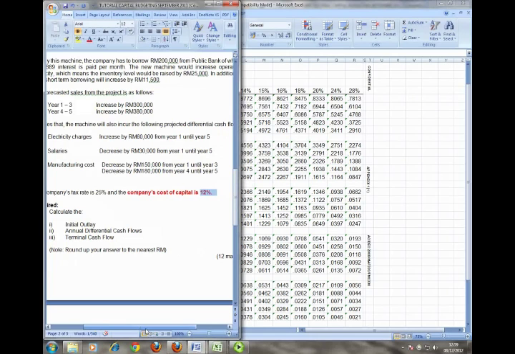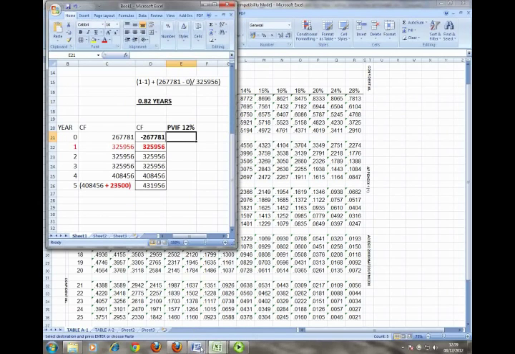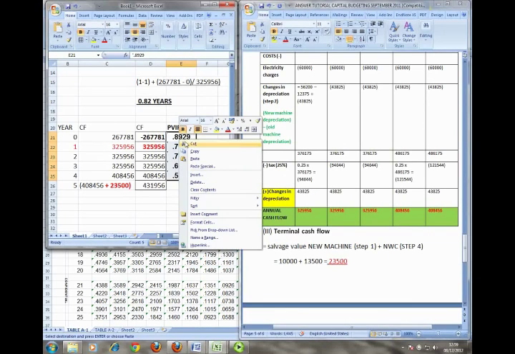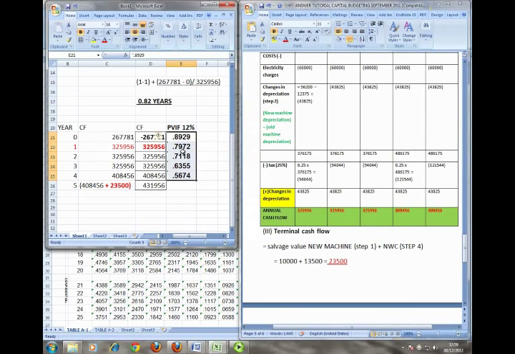So 12% for year 1, year 2, year 3, year 4, and year 5. You can check the table and put it in this table. Year 0 is nothing. Okay, class? Year 0 is nothing.